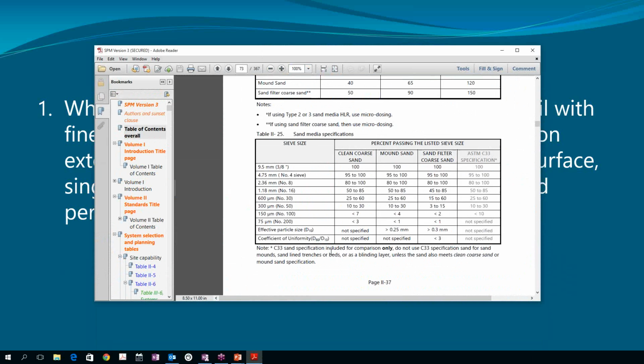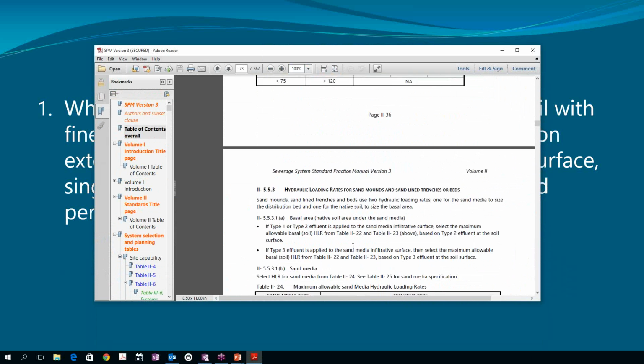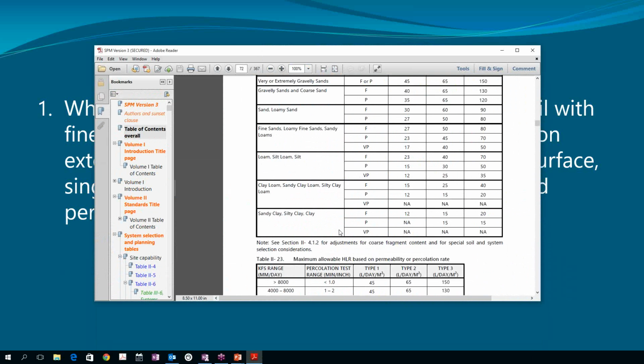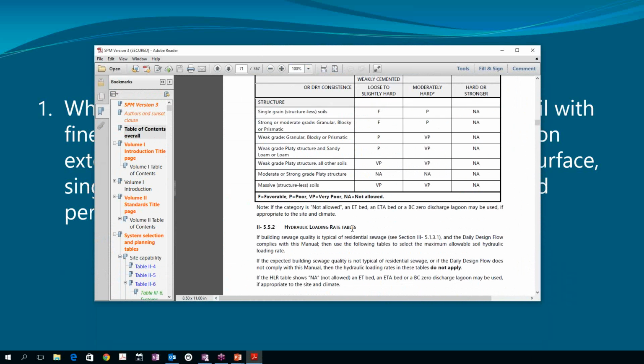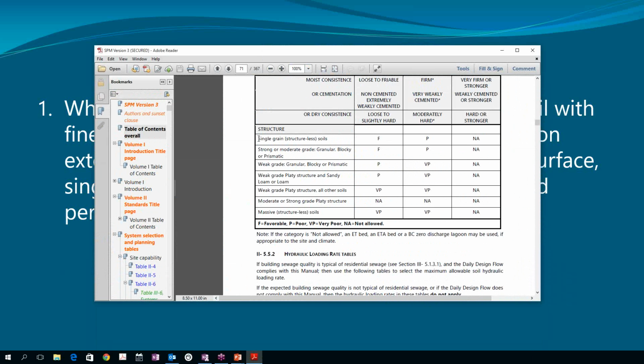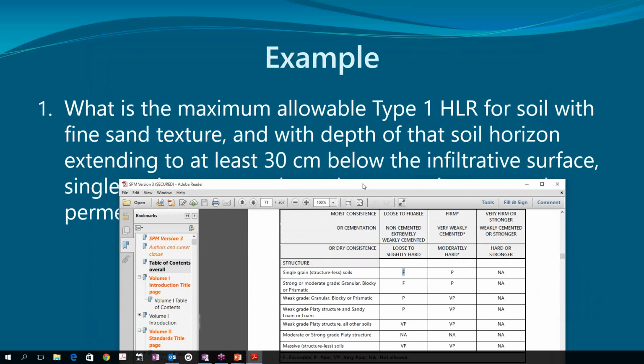But let's just have a look. Single grain means it's sand, maybe loamy sand. And single grain is a good thing. And our texture group there, single grain, loose, favorable. So it's a favorable soil category.